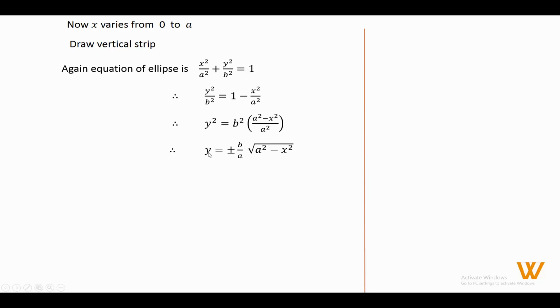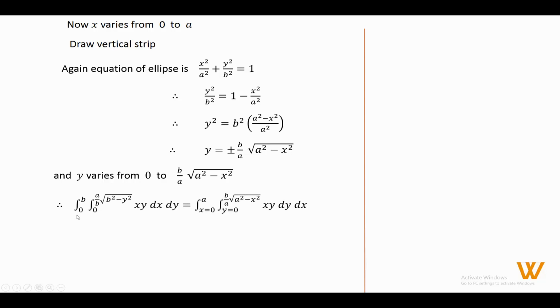Now in the first quadrant y is always positive. Therefore y varies from 0 to b upon a into square root a square minus x square. The value of x varies from 0 to a and y varies from 0 to b upon a square root a square minus x square.